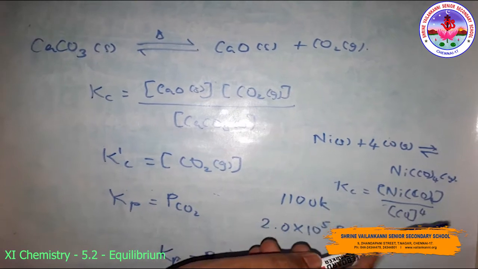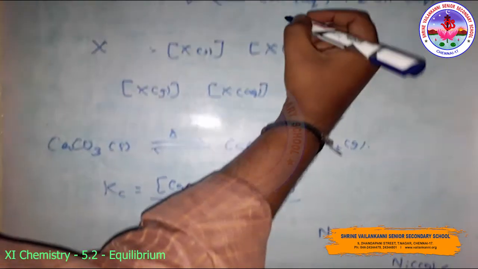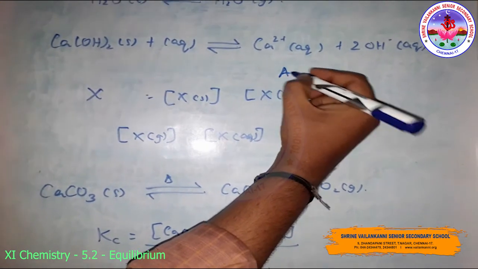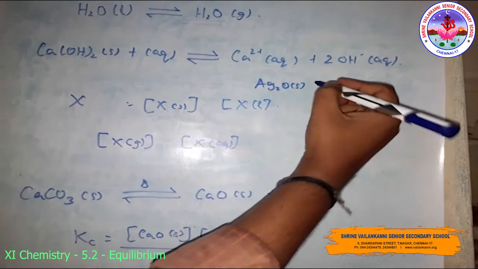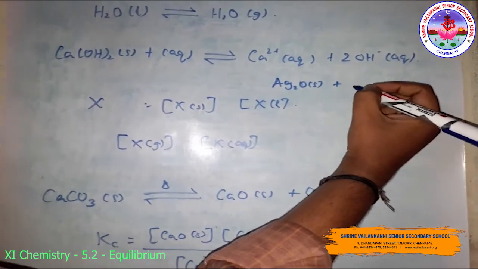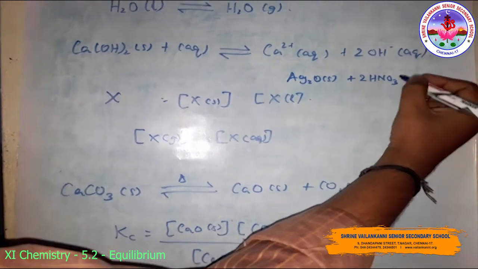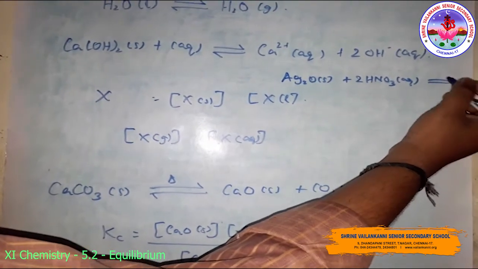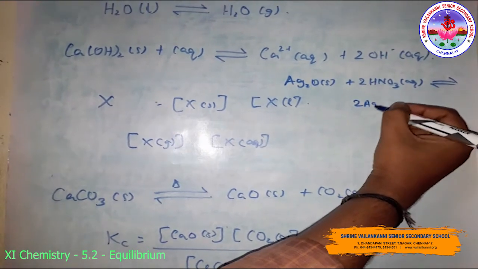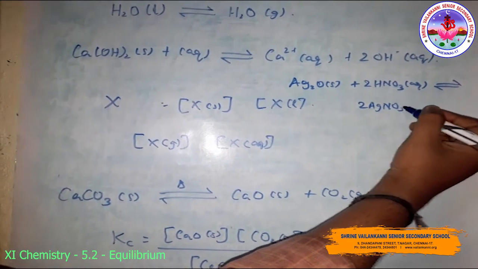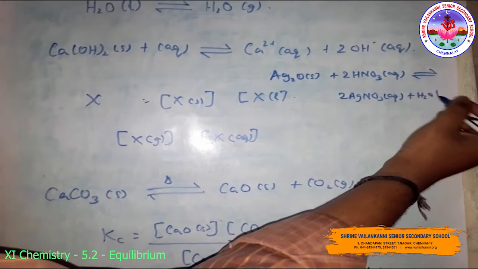Similarly, in silver oxide reacting with nitric acid, I will write here Ag2O solid, the silver oxide, reacts with 2 moles of aqueous nitric acid to form 2 moles of silver nitrate, aqueous, and water, liquid.